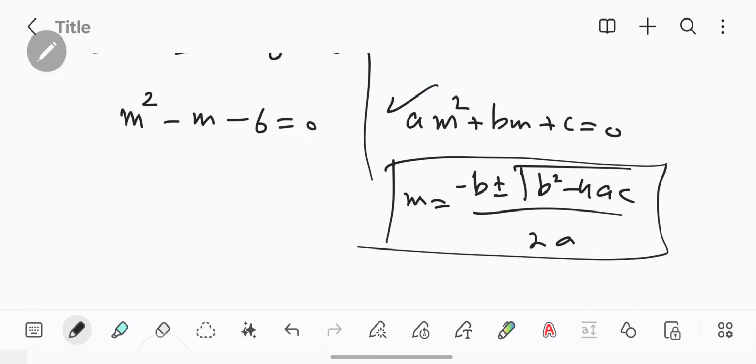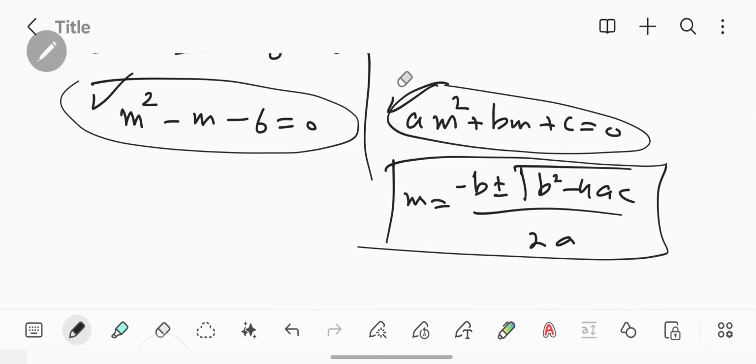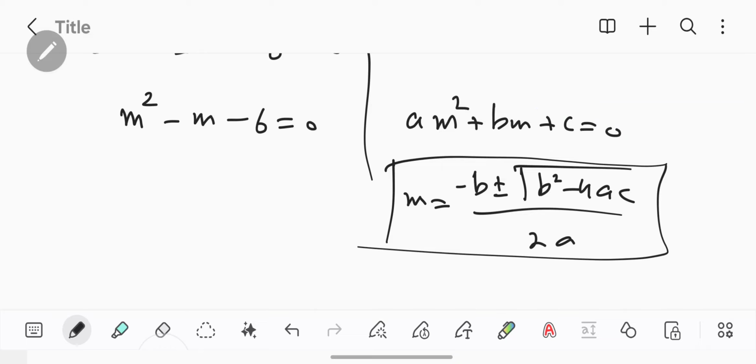If you compare both of these quadratic equations, you will find the values of the coefficients. Here, the coefficient of m square is a. Since there is no visible coefficient, we consider the coefficient of m square to be 1, so a is equal to 1.